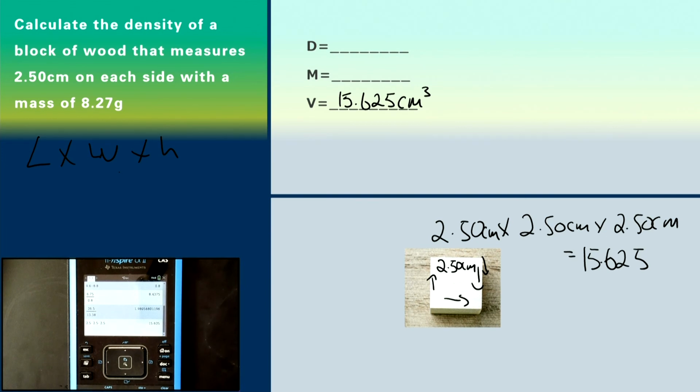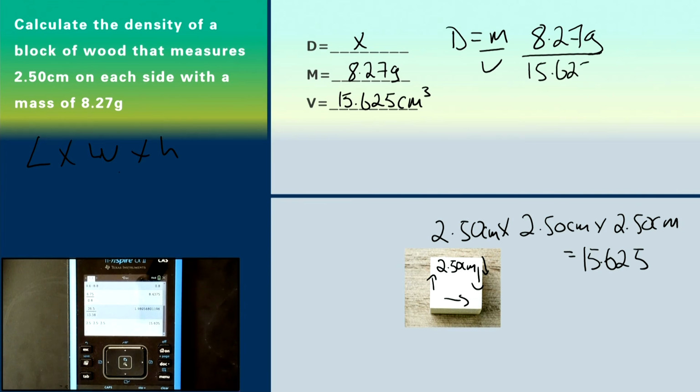My mass is 8.27 grams. So what is my density? So density is equal to mass divided by volume. 8.27 grams divided by 15.625 centimeters cubed.